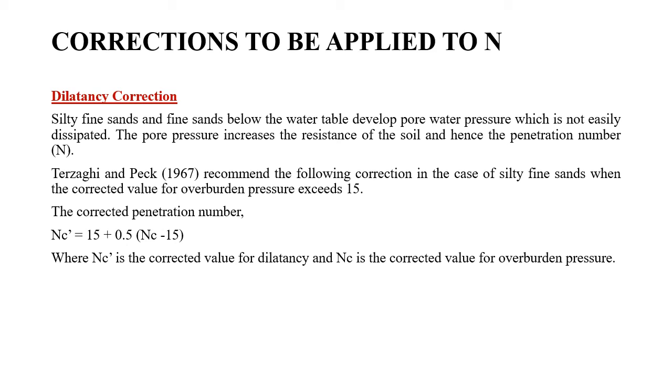Okay, and we normally have to apply a correction for dilatancy when we are conducting an SPT test on such soils. Okay, and we will apply the dilatancy correction only if the corrected N value, that is the N value which is corrected for overburden pressure, exceeds 15. Only then we will apply dilatancy correction. Okay, so the two conditions under which we have to apply dilatancy correction are, first, you have to see whether the soil is a silty fine sand or a fine sand.